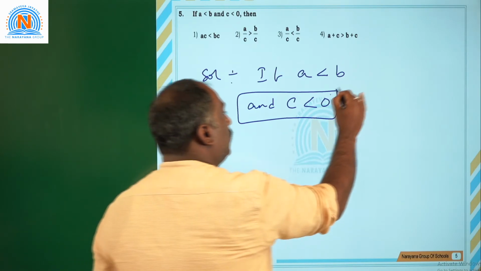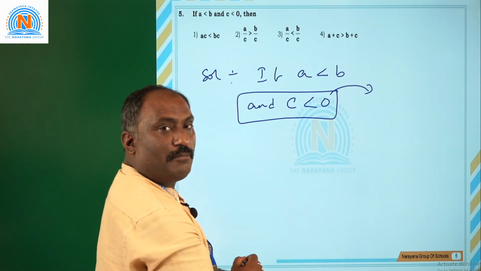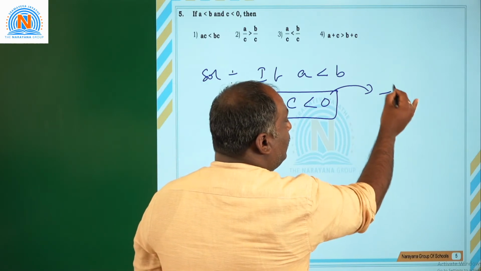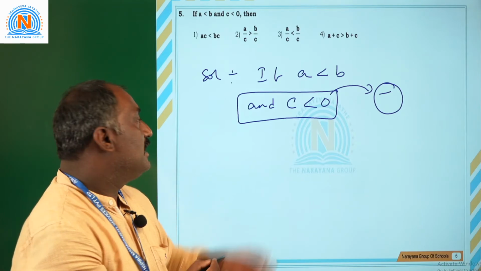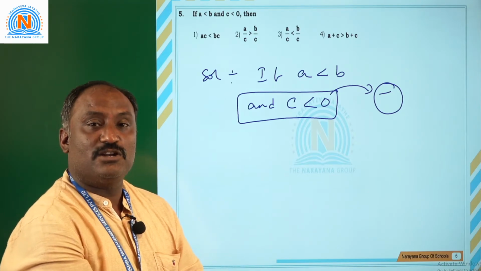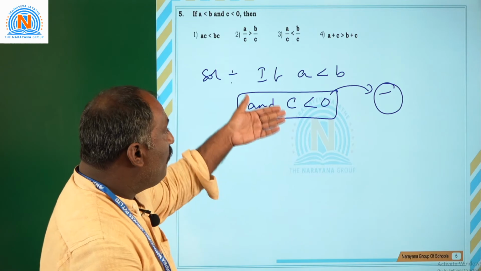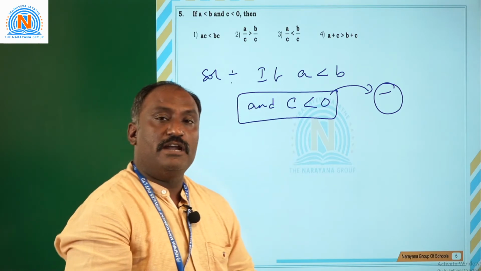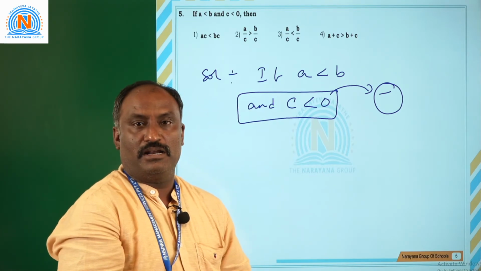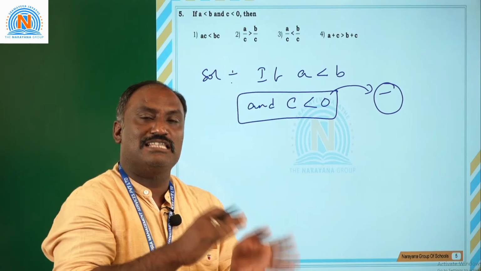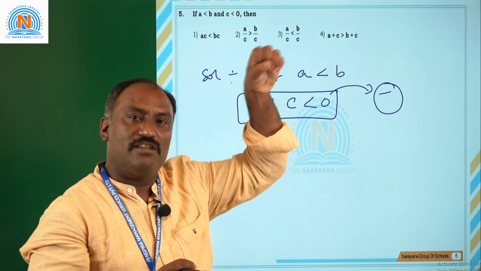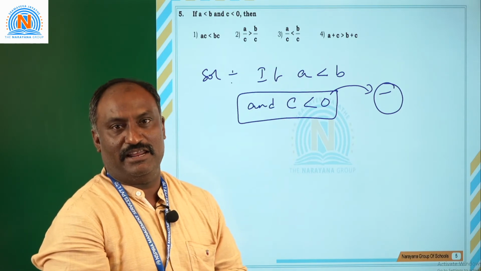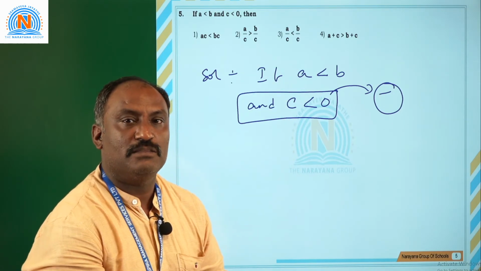Some of the children are getting into their mind that C numbers are negative numbers. All the numbers which are C are nothing but less than 0, which means they are negative. So whenever we are multiplying any negative number, then automatically less than will become greater than and greater than will become less than, and bigger number will become the smaller number in inequalities when you multiply both sides with minus.